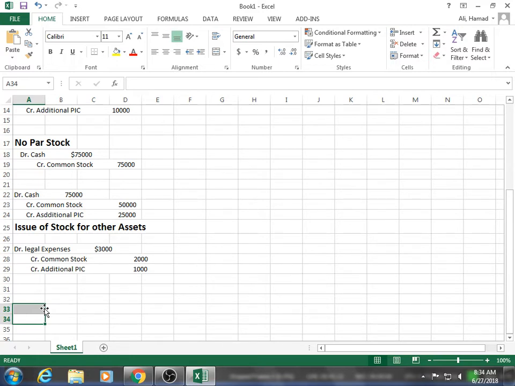So what are we going to debit here in this case? What are we getting? We're getting land. So we're going to debit the land. We're going to hold on the amount for a second. Put a question mark there. Then we're going to credit common stock. 500 shares times 10 is $5,000.